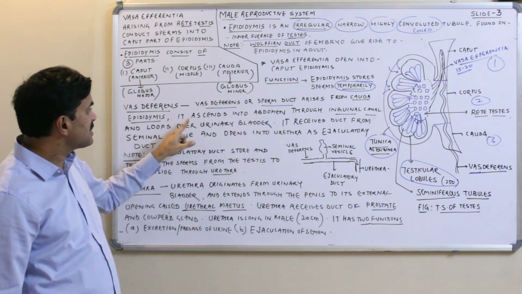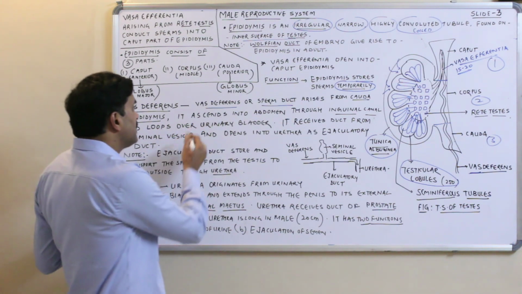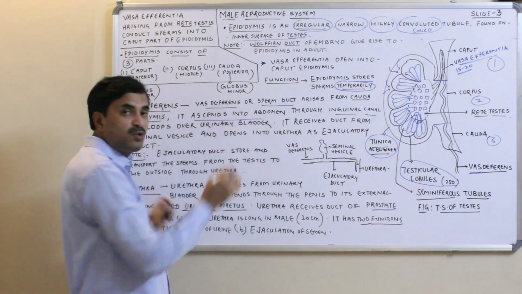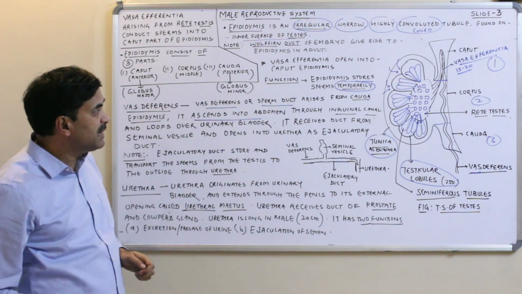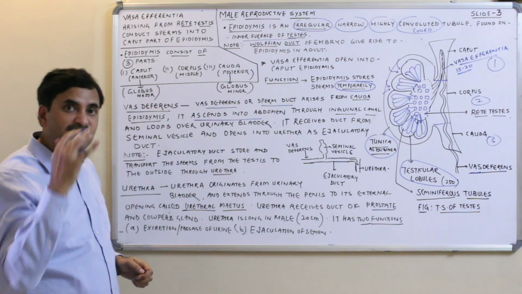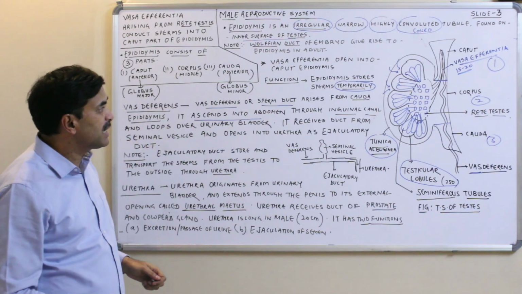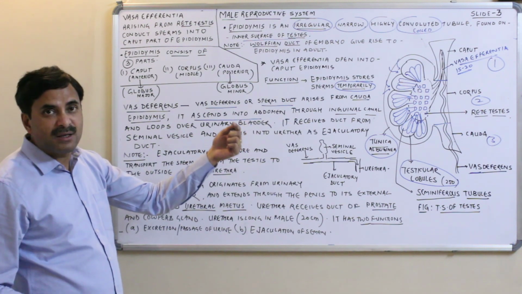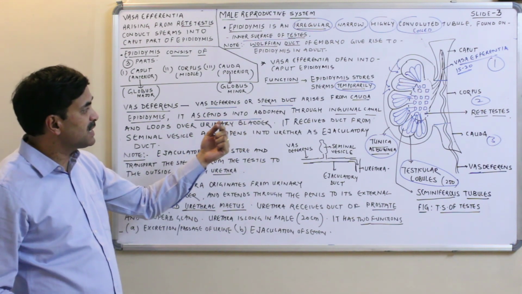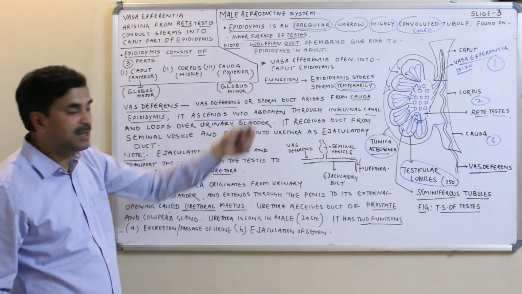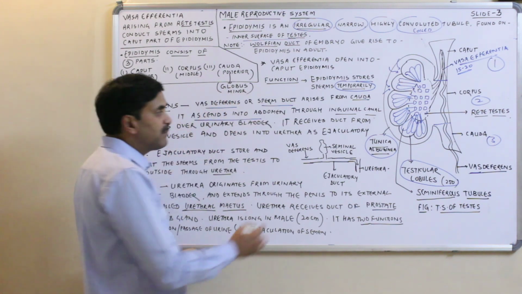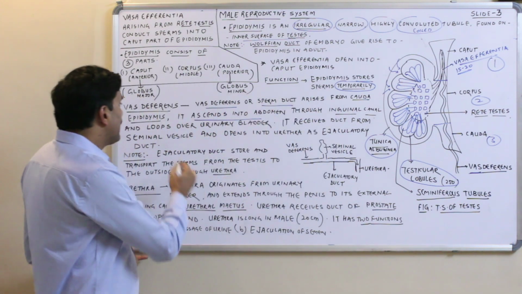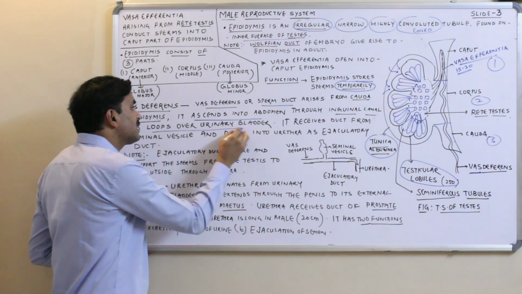From the cauda epididymis, it ascends into the abdomen. It enters into the abdomen through the inguinal canal. I will draw a diagram just now in which you will be able to see how it enters into the abdomen. So it ascends into the abdomen through the inguinal canal, and it makes a turn over the urinary bladder.